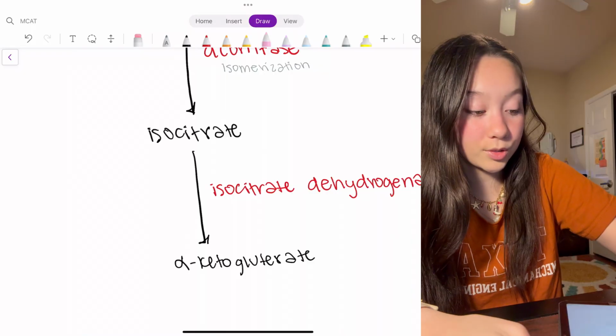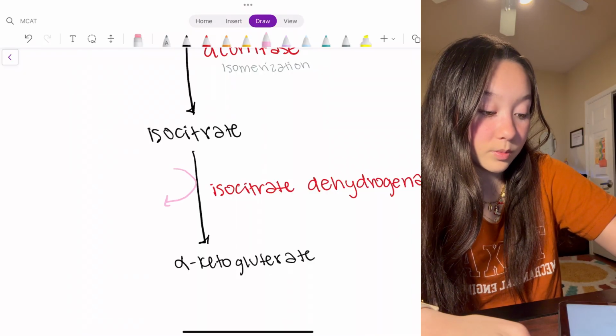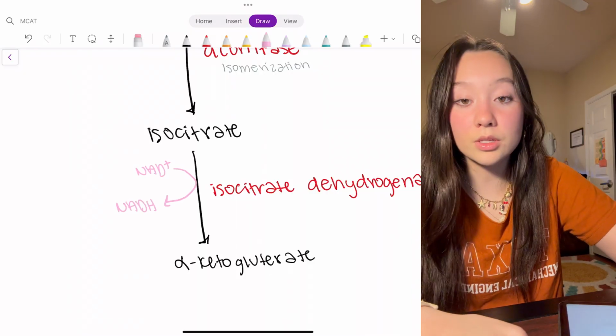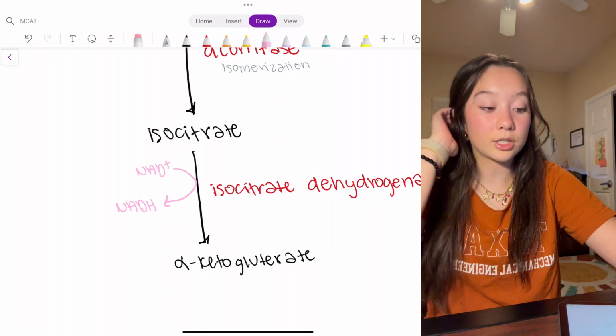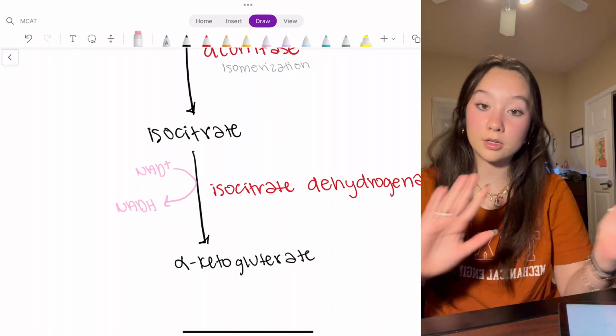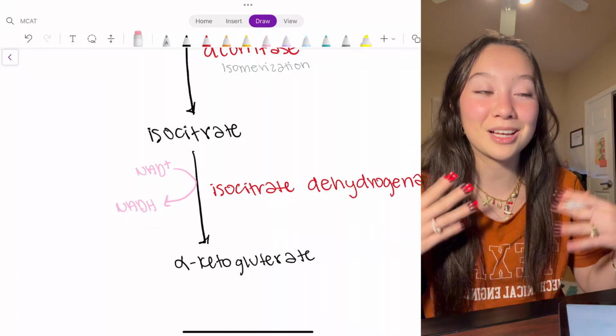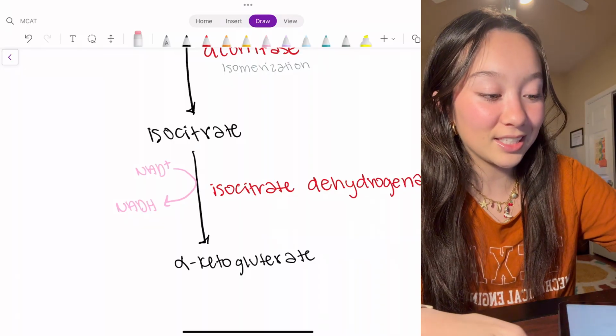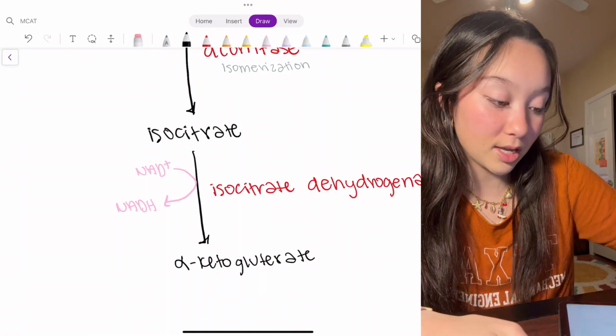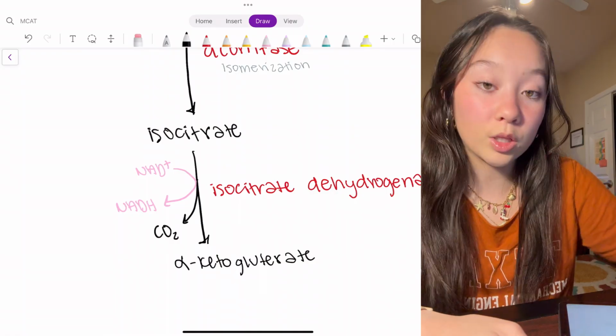Alright, and this step is also important because it forms NADH. And so this is one of those high-energy electron carriers that we were talking about that is going to move to the electron transport chain to make a lot of ATP. This step also releases a CO2. So we lose a carbon here.